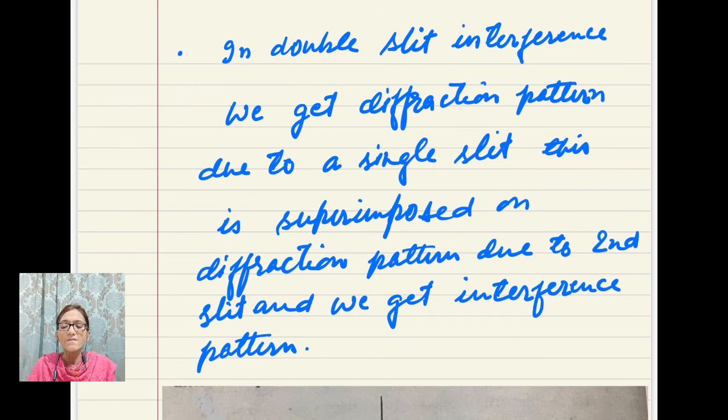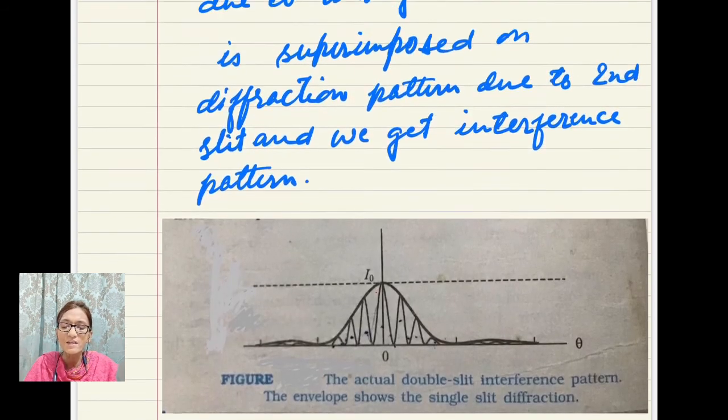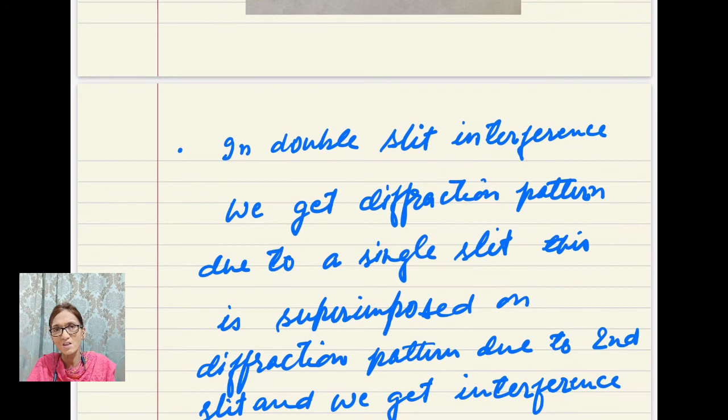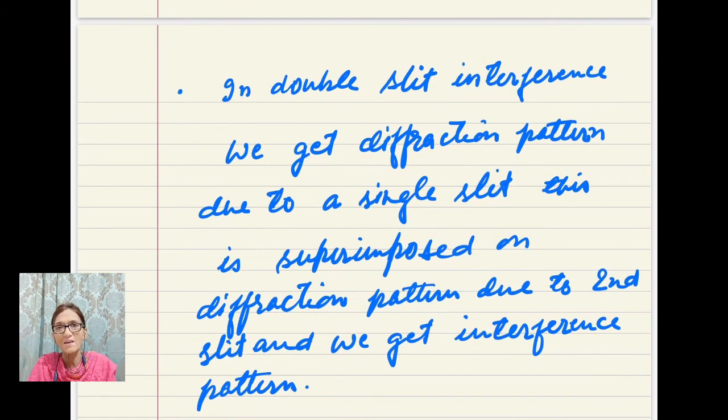Now when you have a double slit interference pattern, what happens? Each slit produces one diffraction pattern, because you have just learned that one slit produces a diffraction pattern. So when you have two slits, each slit will produce a diffraction pattern, and then these diffraction patterns superimpose over each other to give the phenomenon of interference.